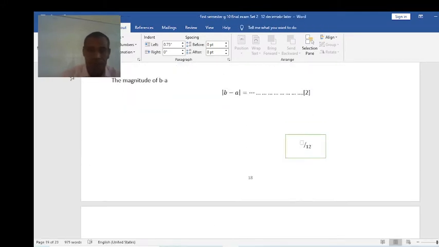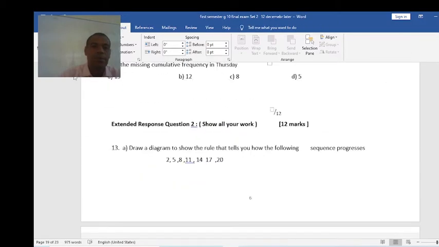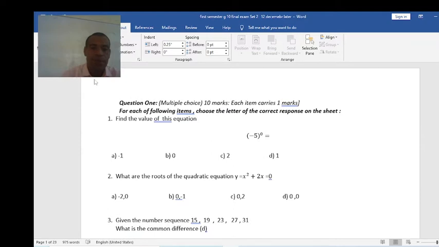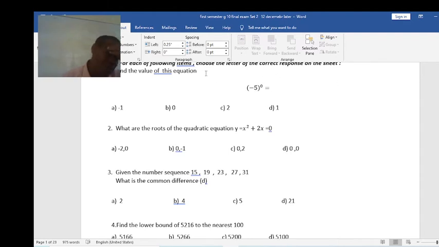Here we have question number 1. You can read the question, my learners. Find the value of this expression. Clear? Okay, we have negative 5 to the power 0.